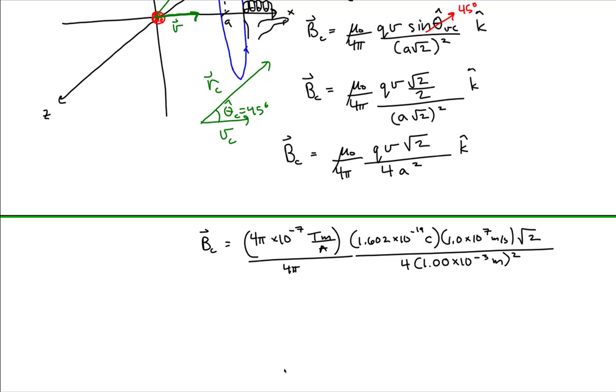We could cancel a 4 pi in the numerator with a 4 pi in the denominator. A 10 to the minus 7 cancels with a 10 to the 7. A meter squared in the numerator cancels with a meter squared in the denominator. The units we are left with are a Tesla coulomb per amp second, which means we end up with units of the Tesla.